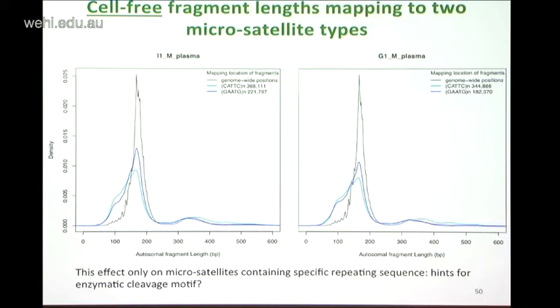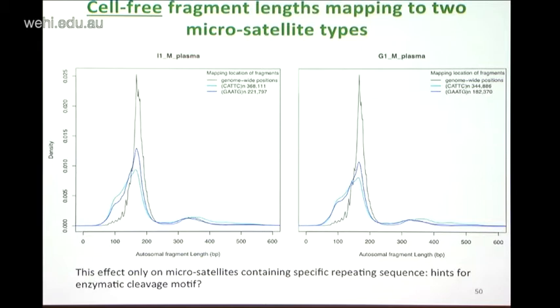So in black, you get that genome-wide profile you saw before. And in dark blue, you get the fragments that map to microsatellites that have this repeating subunit, GAATG. And in light blue, you have fragments that map to microsatellites that are designated as CATTC.